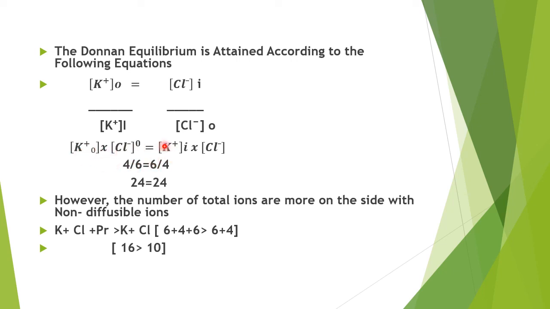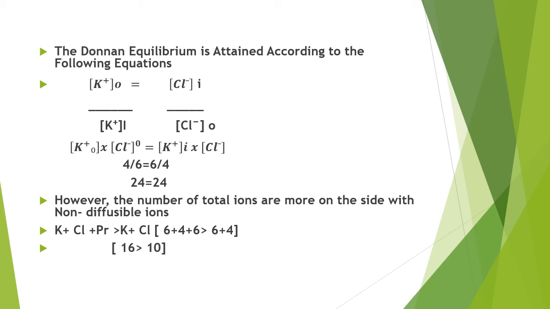Inside it is 6 and 4. So it will be net 24 by 24. However, the number of total ions is more on the side with non-diffusible ions, because you have potassium chloride, you have proteins. Here there will be 6. 6 plus 4 is 10, but you have 6 plus 4 plus 6, that is 16. It is greater than 10.